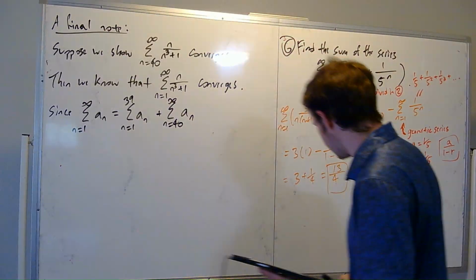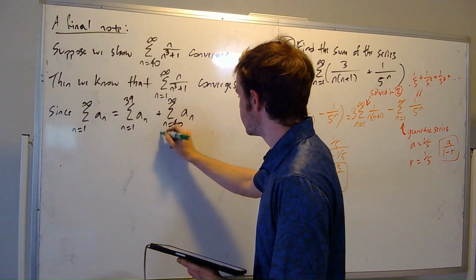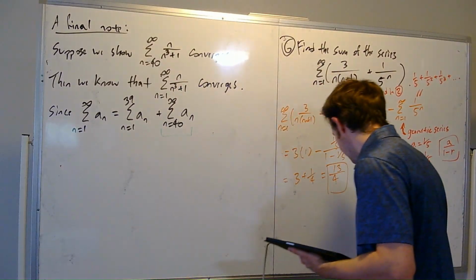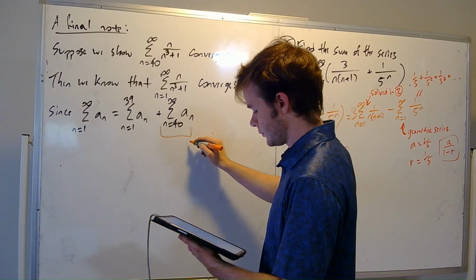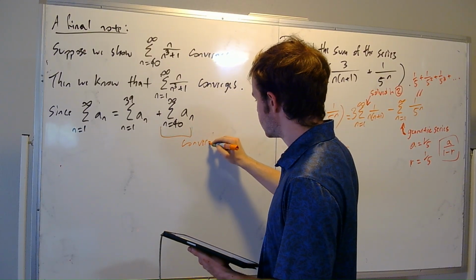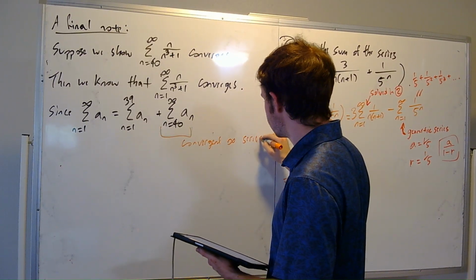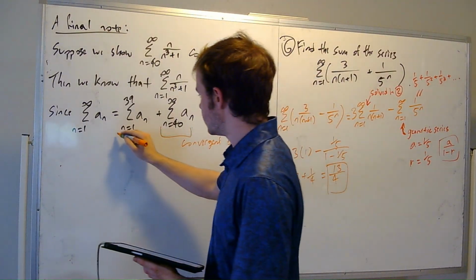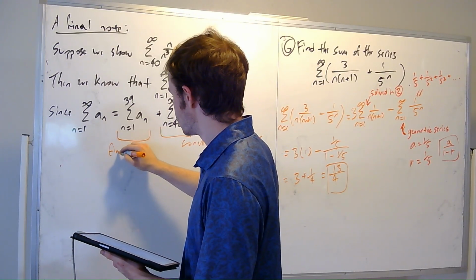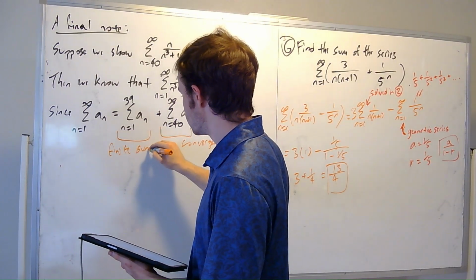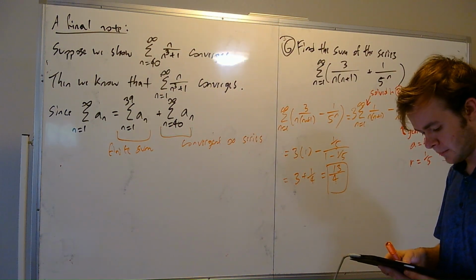And notice here, this here, let me use a different color. This is a convergent infinite series, and this here is just some finite number. Right, this is a finite sum, so it's going to be a finite number.